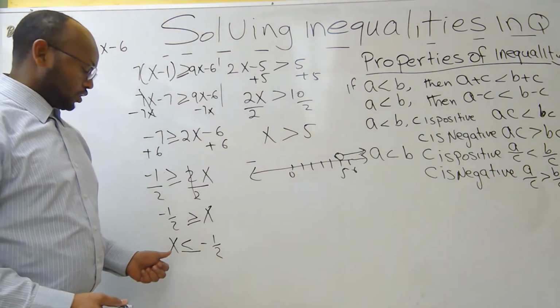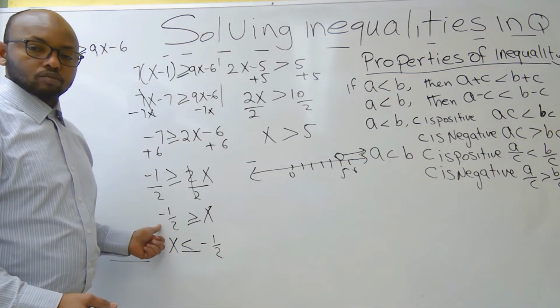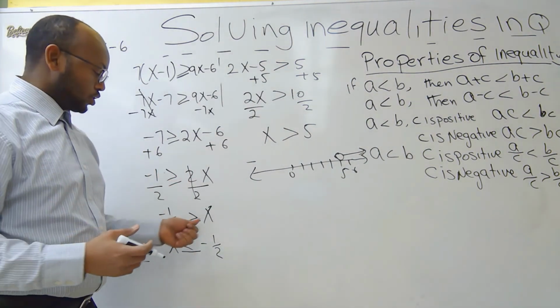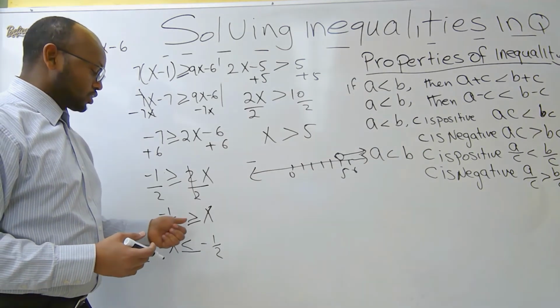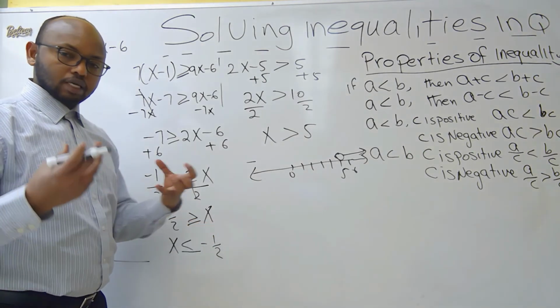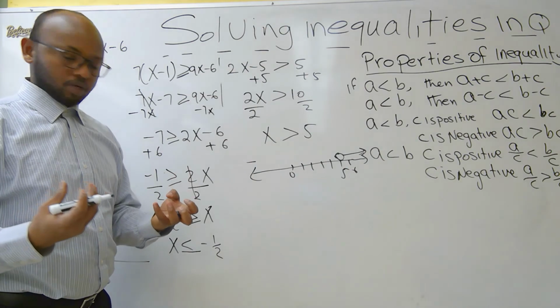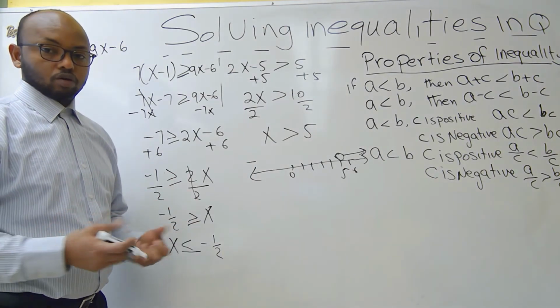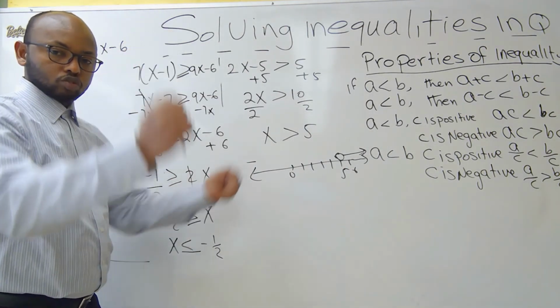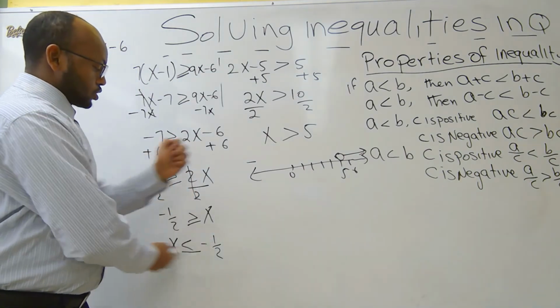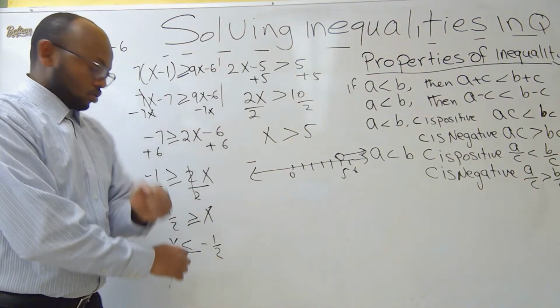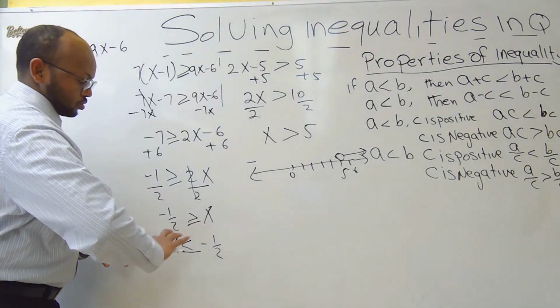So you can write it this way or this way, because it is a little hard when you see a number greater than a variable. It's a little bit tricky, you might not recognize it. So what you can do is rotate it, and when you rotate, the sign rotates also.